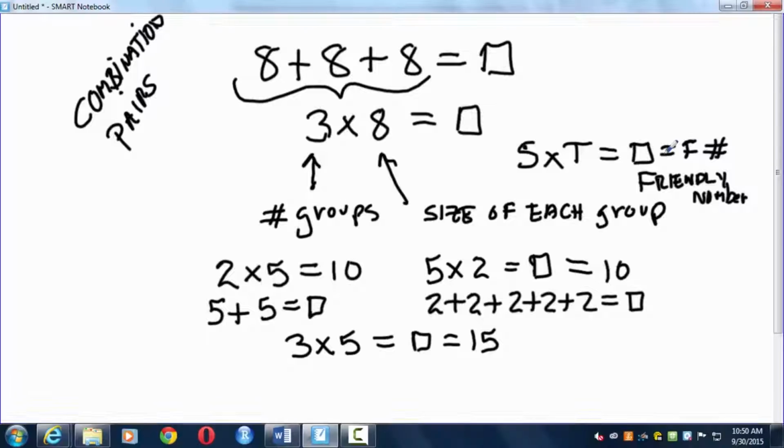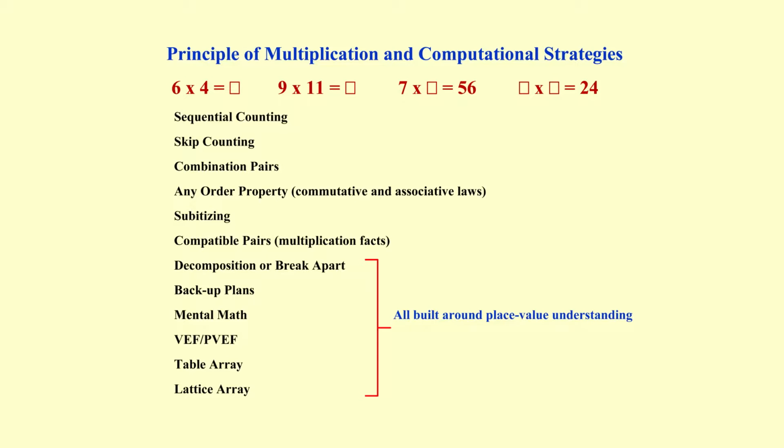So again, let me go back to our document to make sure that I'm staying focused and staying online. So we've talked about combination pairs. Let me just say this about subitizing. Subitizing is any pair of numbers that we multiply together whose product we know the answer to.